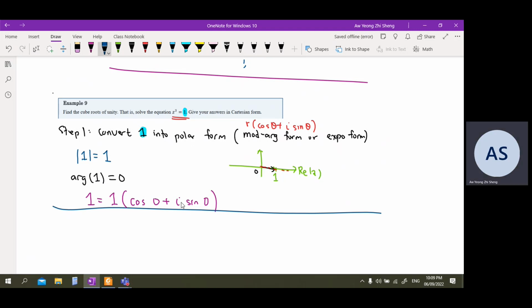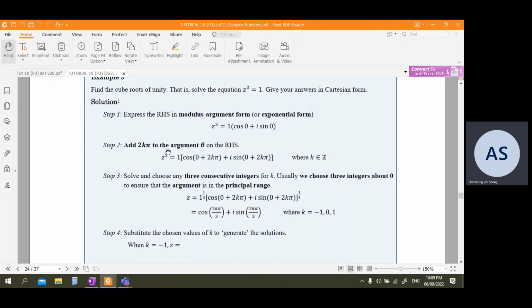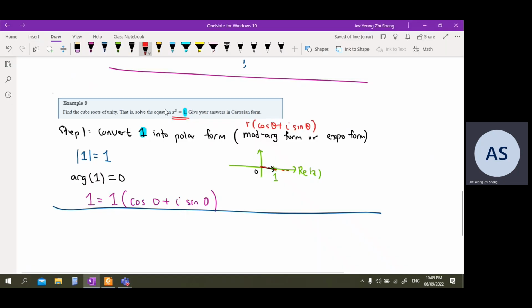After this, let's go back to the notes and see step 2. Step 2 says you add 2k pi to the argument theta on the right-hand side. We are trying to solve z cubed equals 1.